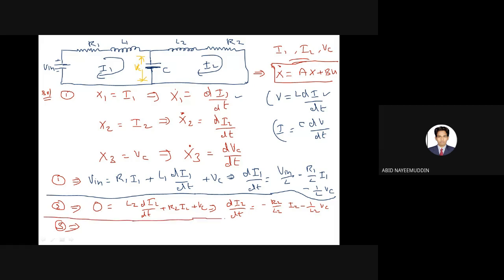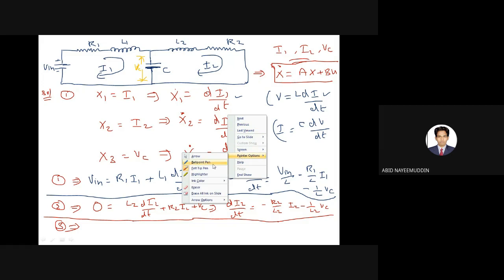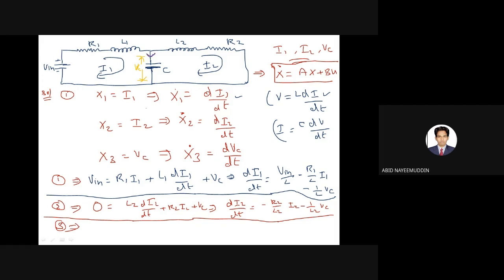What about the last expression? You need to get dV by dt. So to get dV by dt, you need to write the expression for current flowing through the capacitor. If you observe here, the current flowing through the capacitor is the difference I1 minus I2.